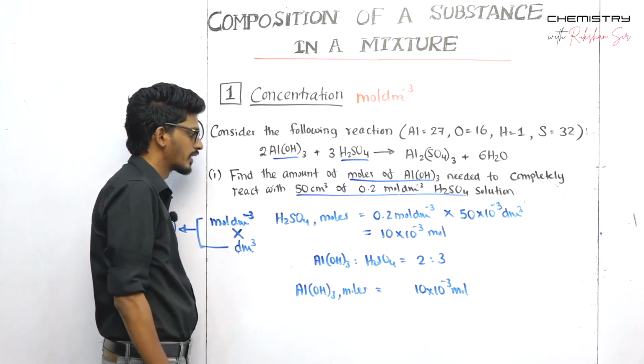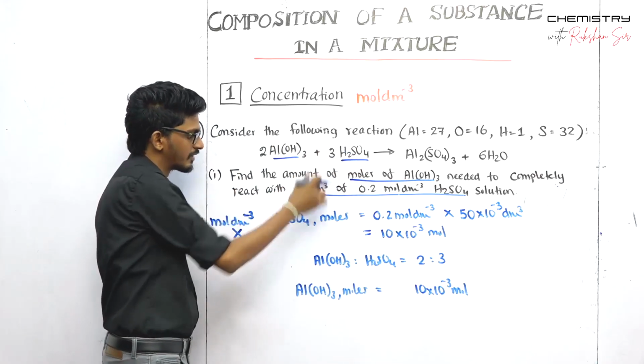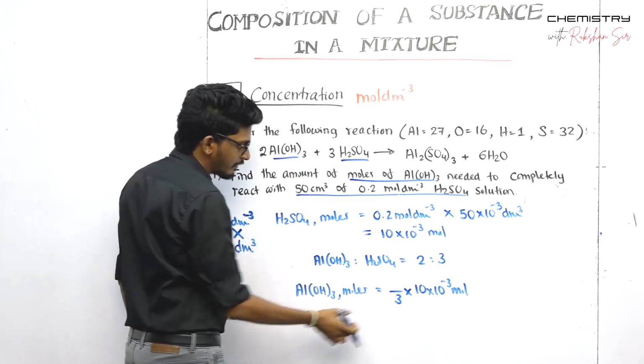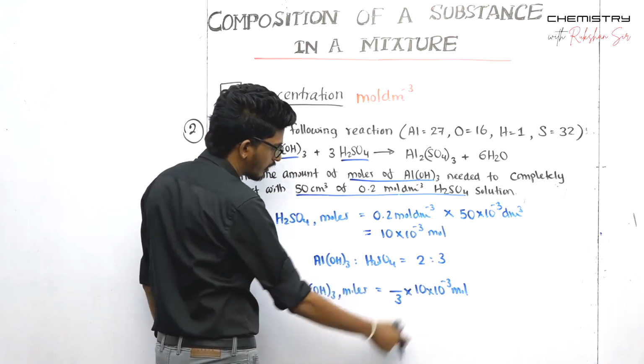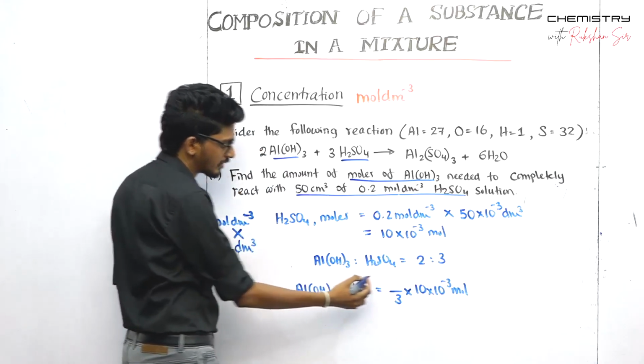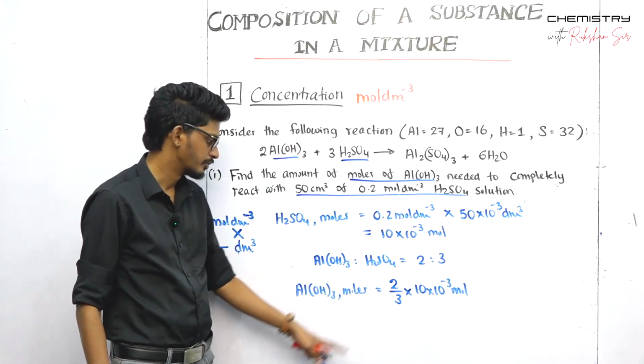So what we need to do? First, the H2SO4's value, as it is representing 3 portions, divide it by 3. That will give you the value for 1 portion. We need 2 portions, so multiply with 2. That is how we come up with the aluminum hydroxide moles.